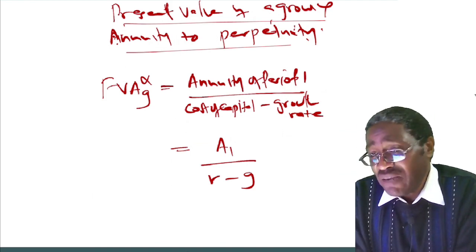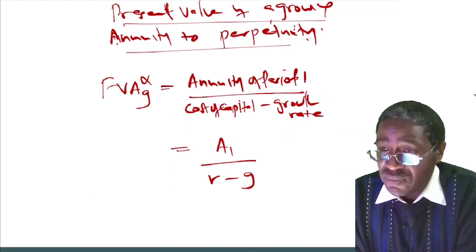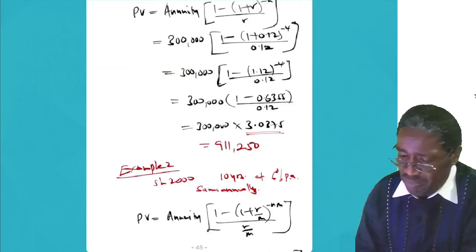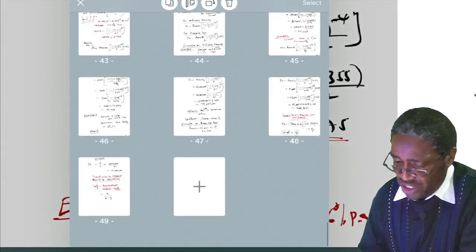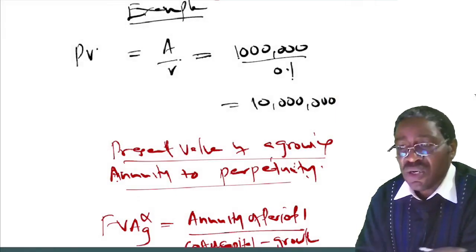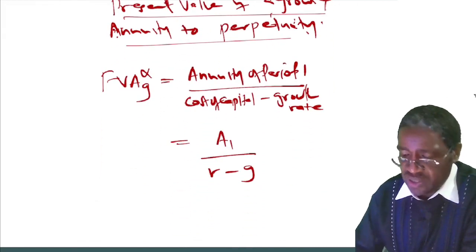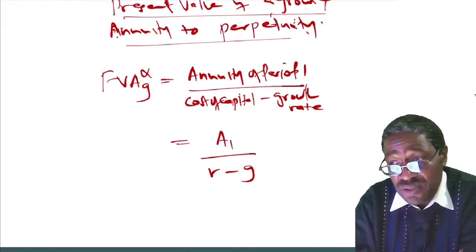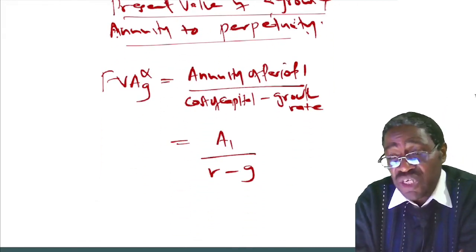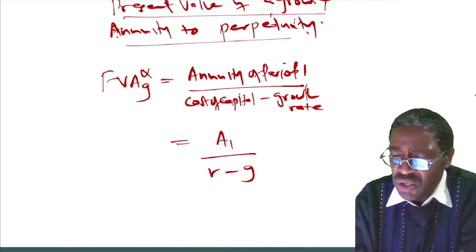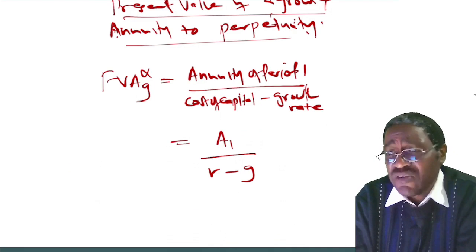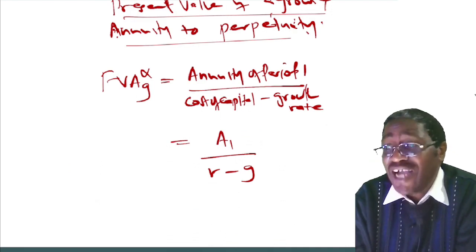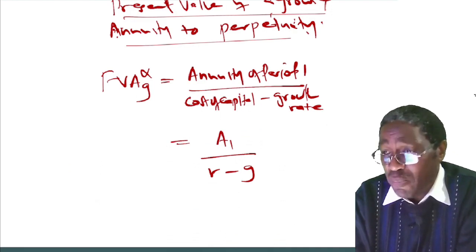You divide that by R, which is 0.1, minus the growth rate. Whatever is the growth rate, that's what you do. That's how you determine it. Of course, they are not common in your exams, but just for the sake of knowing, how do you determine the present value of a growing annuity into perpetuity?